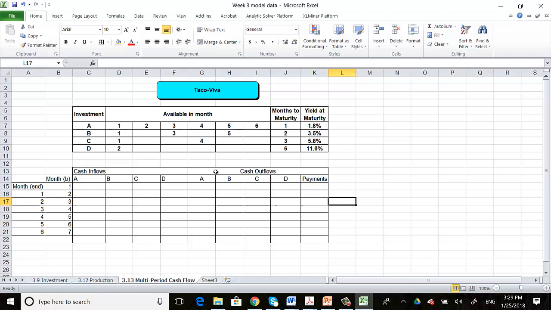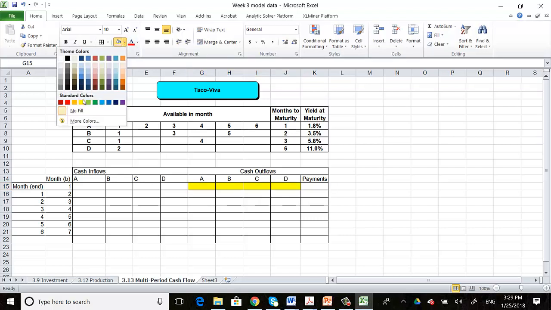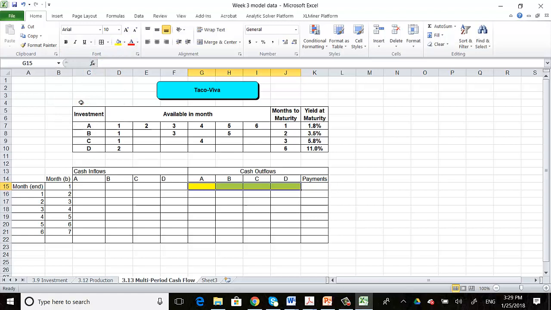Okay, so we had the decision variables defined as these ones. At the beginning of month 1, we're going to decide how much we're going to put in. Those represent our A1, B1, C1, D1.